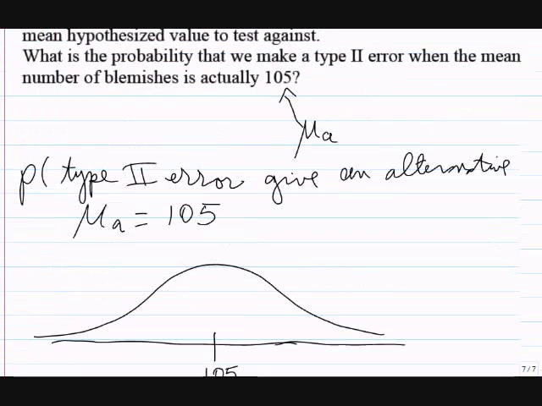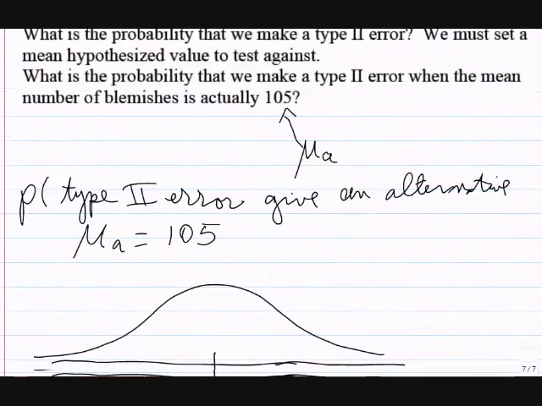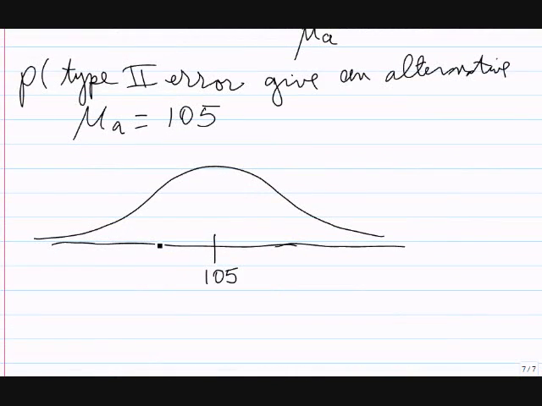Now let's think back. Our original hypothesis was that my mean was at 100, and I would reject my null hypothesis if I got a mean greater than 104.4. So if the 105 was the true mean, let me put that 104.4 here. And think about this. I would reject my null hypothesis if I had a mean over this way.